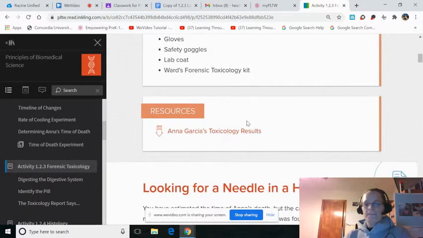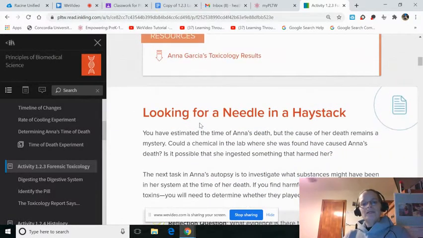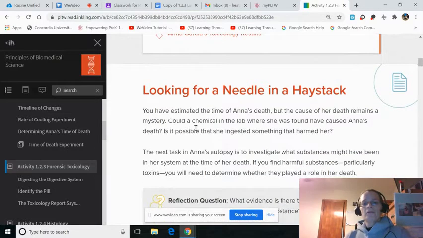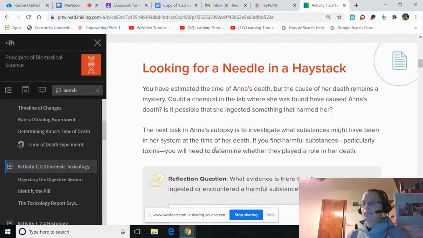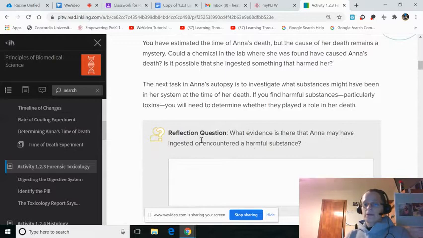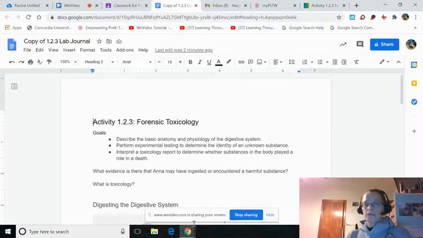Sad face. So we estimated last time the time of Ana's death, but we still don't know the cause. Could a chemical in the lab where she was found have caused her death? It's possible. So, all right. What evidence is there that Ana may have ingested, which means ate, or encountered a harmful substance? So, think about how she was found.